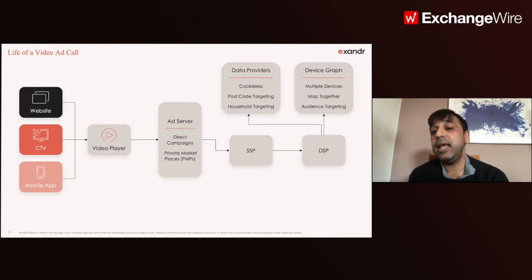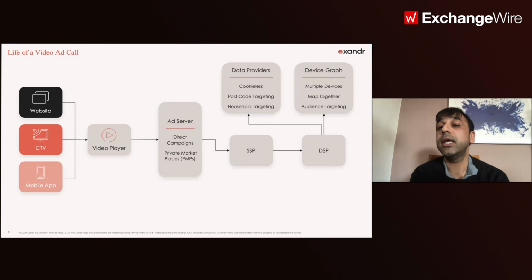Now, it's likely that the advertiser is going to have a frequency cap requirement on their campaign. They're going to say, I don't want a user to see my ad more than once a day. But the problem is, without a device graph, I might see that ad once on a website, again on a CTV, and again on a mobile app, because I have a different identifier in each one of those different environments.